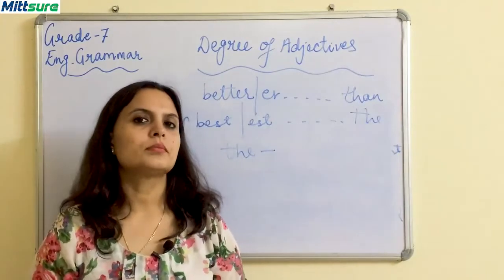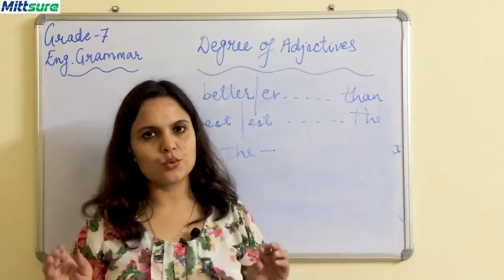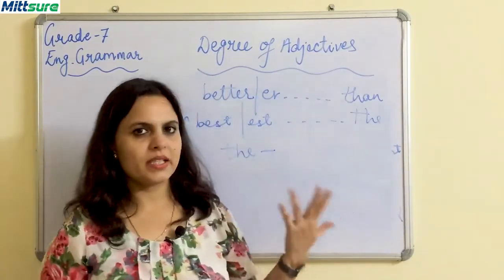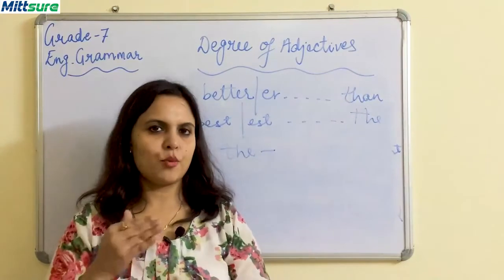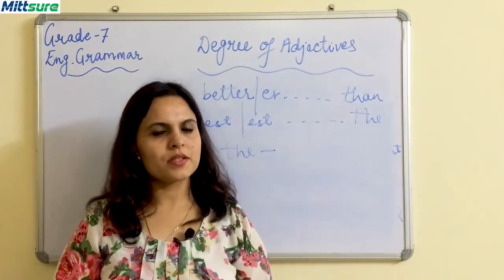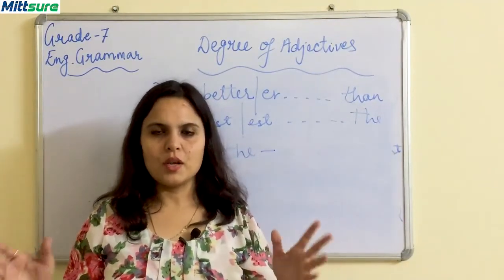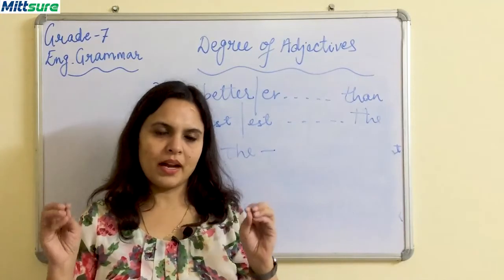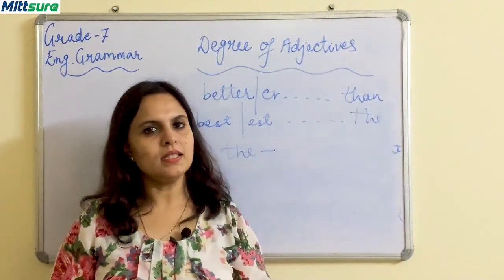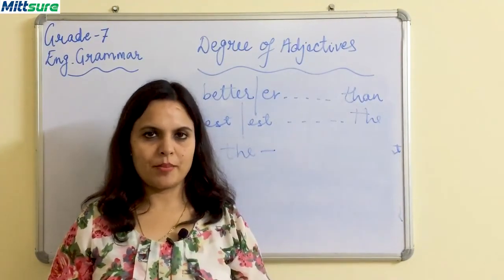So here, students, this session about the degrees of adjectives and their usage is over. We have already understood that there are 3 major degrees, right? Positive, comparative, and superlative degrees of adjectives. When it comes to using them in proper sentence formation, we use them accordingly by understanding the nature of the comparison done in the sentence, whether it is taking place between two people, in which case we use the comparative degree.